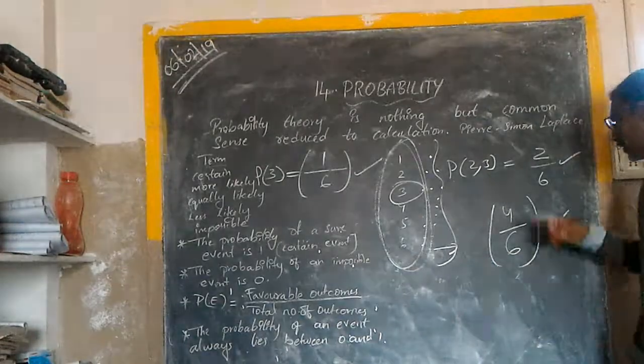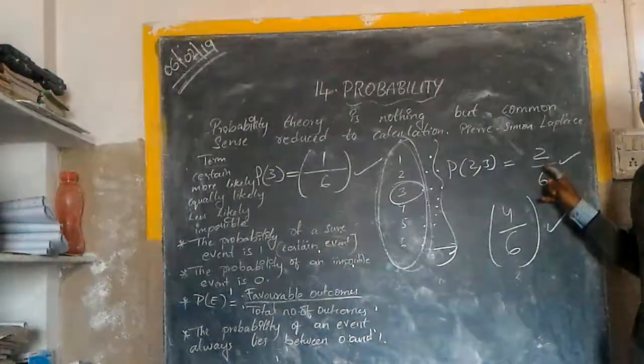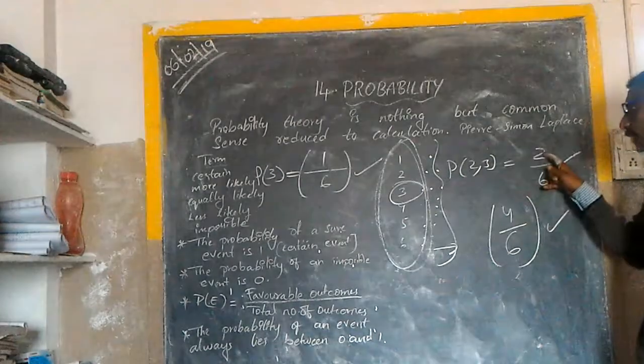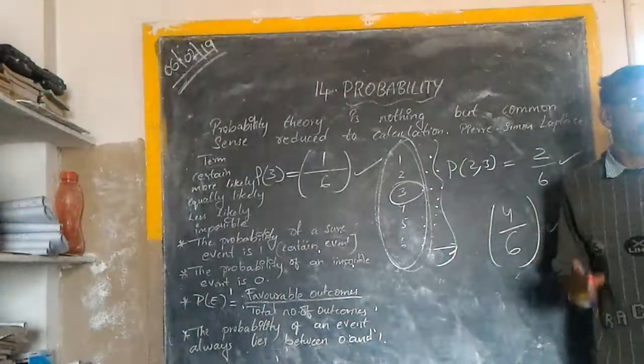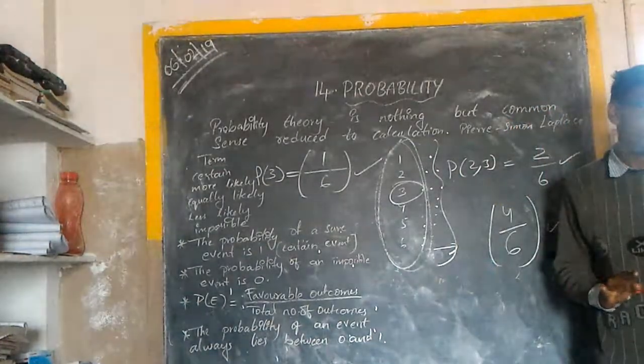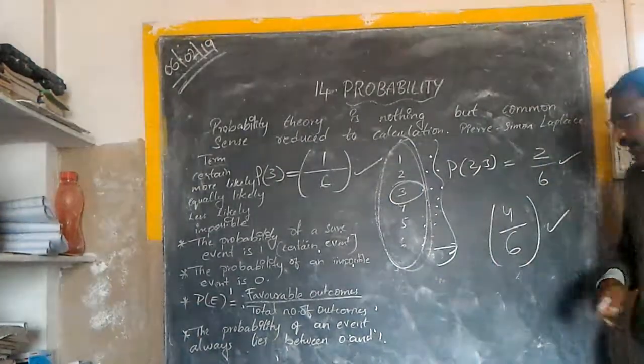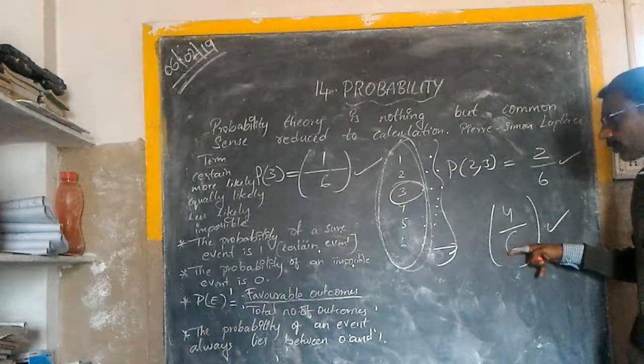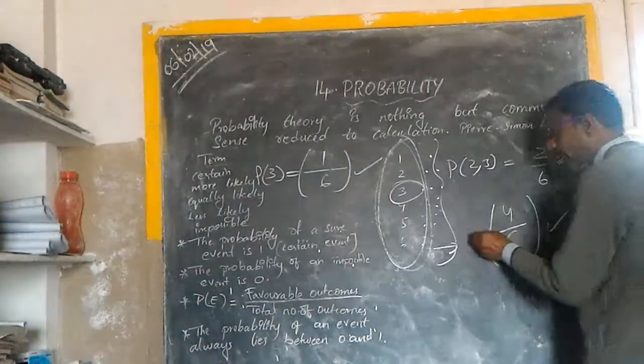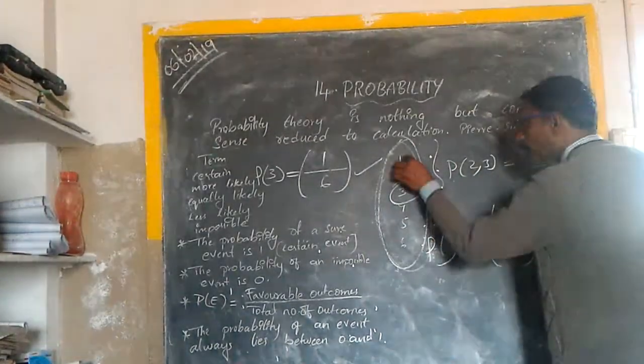Isn't it? Suppose this is the first person and he is the second person. He expects 2 comma 3 to come up when the die is thrown. That means I have only 2 chances, but the second person has 4 chances. 4 by 6. This is what we have to write as P of 1.